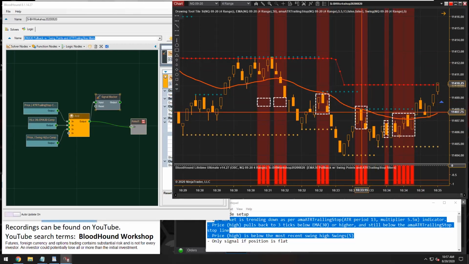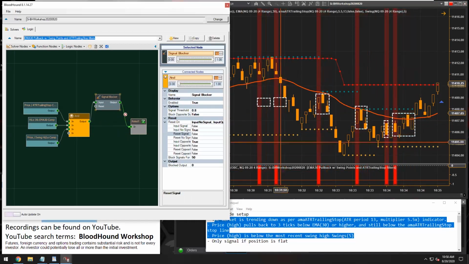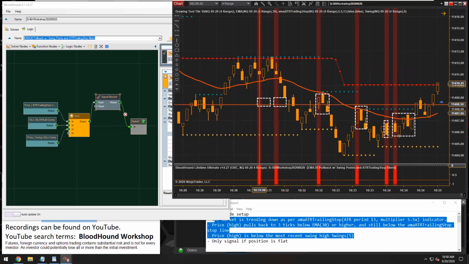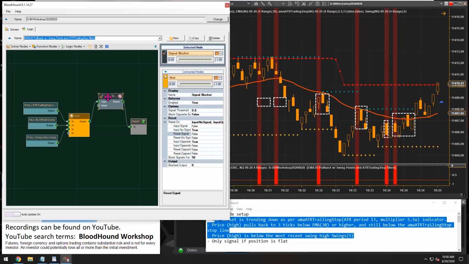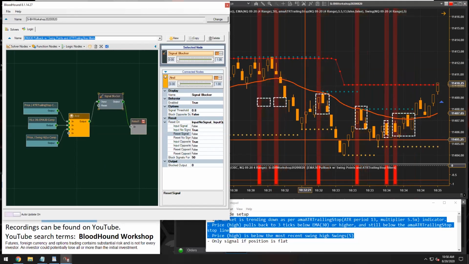So if we mark all the bars that have a signal on them, and then take a look at the signal blocker, now we can see only the first bar for every group of signals. Only the first bar now has the signal on it. So there you go. There are 2 ways you can look at this: just look at the raw signals, or you can look at the cleaned up version of the signals there.